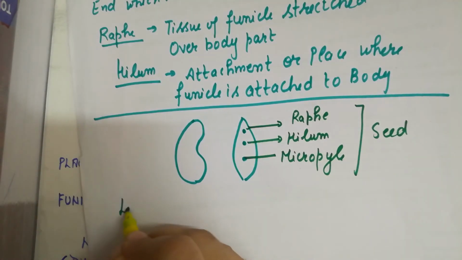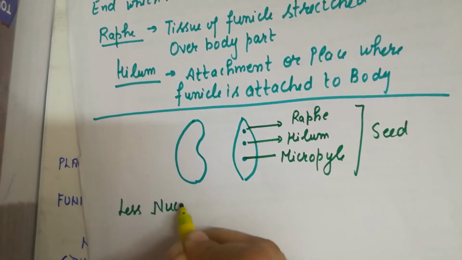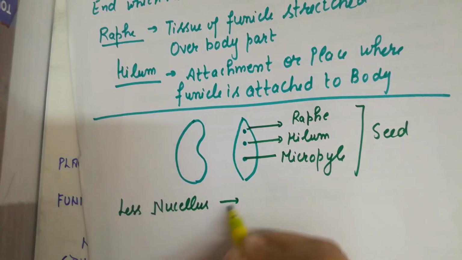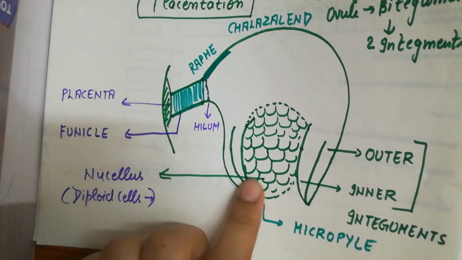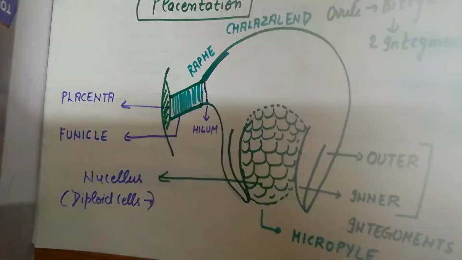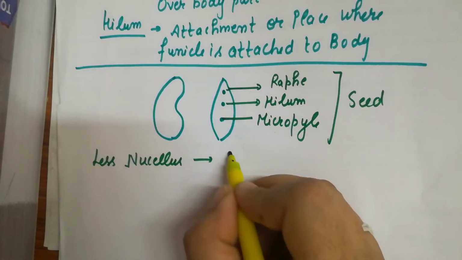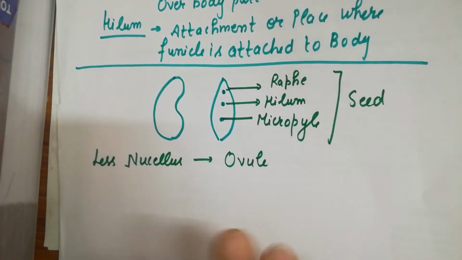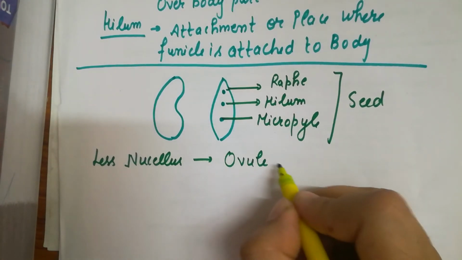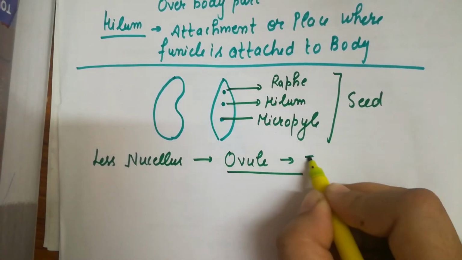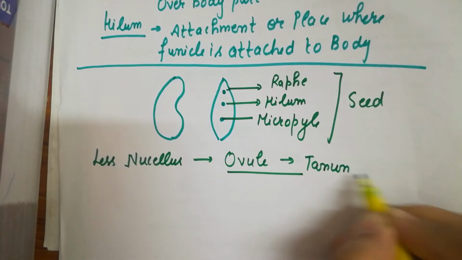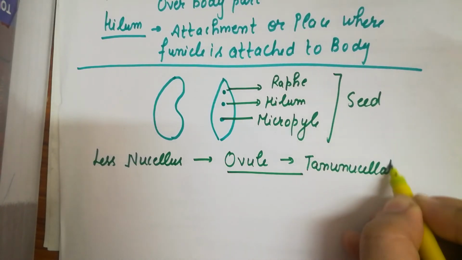Now, as you can see, the center portion is known as nucellus. If the ovule has less nucellus, then that ovule is known as tenuinucellate, right?